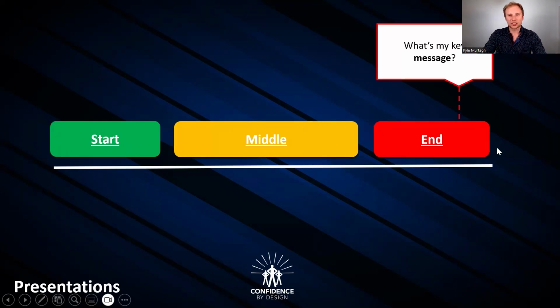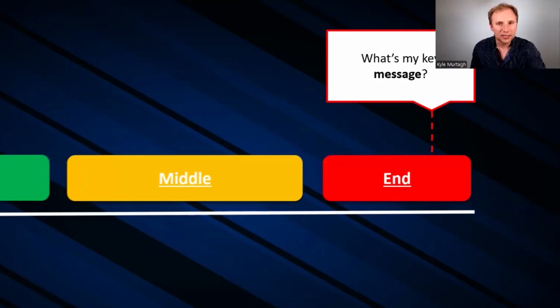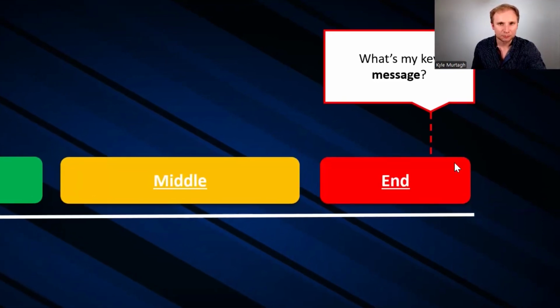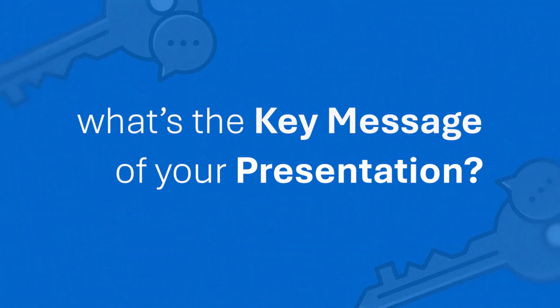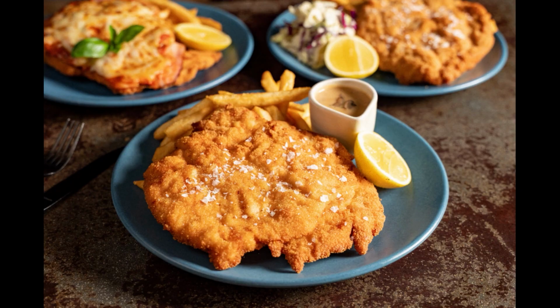And a great question to ask yourself to come up with an ending is this: what's my key message? What's the key message of your presentation? Now, my presentation is of course about my favorite food, and therefore my key message has to be the favorite food, which is, drum roll, chicken schnitzel.